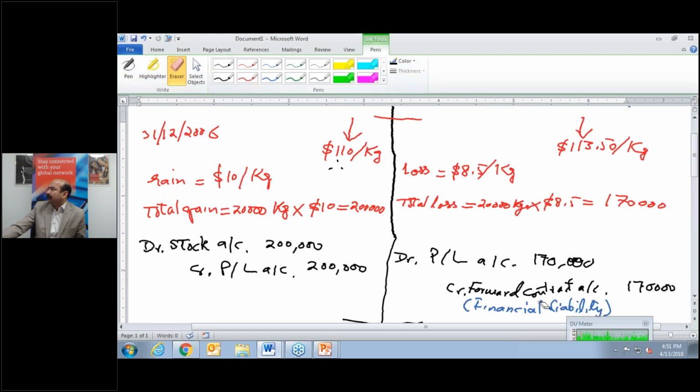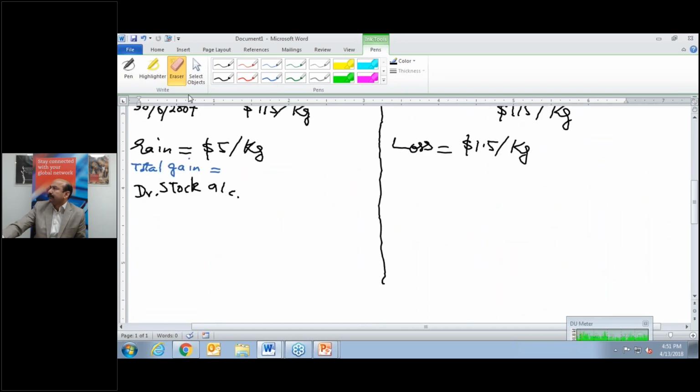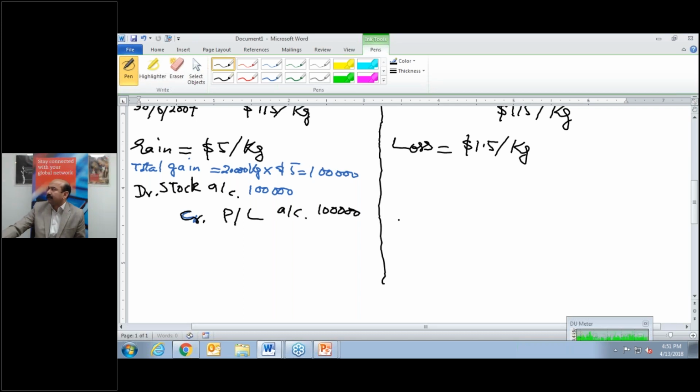The total gain is equal to 20,000 kg into $5. This will give 100,000 gain. So we shall debit stock and credit profit and loss account, because the second effect in fair value hedge will go to the profit and loss account.